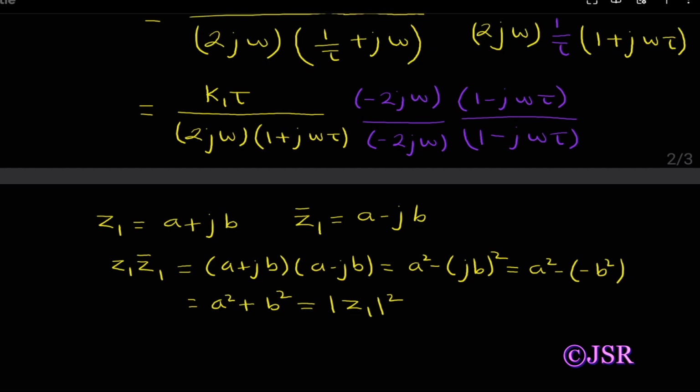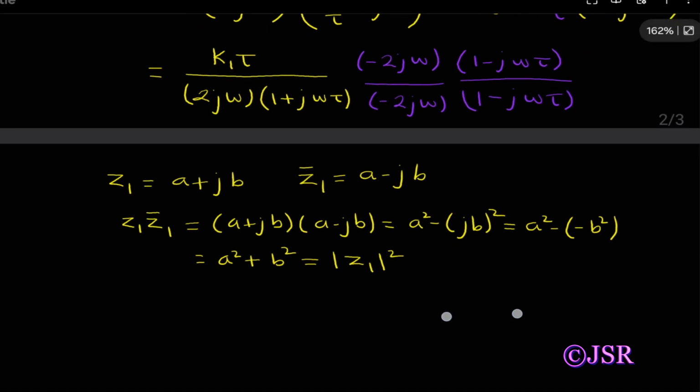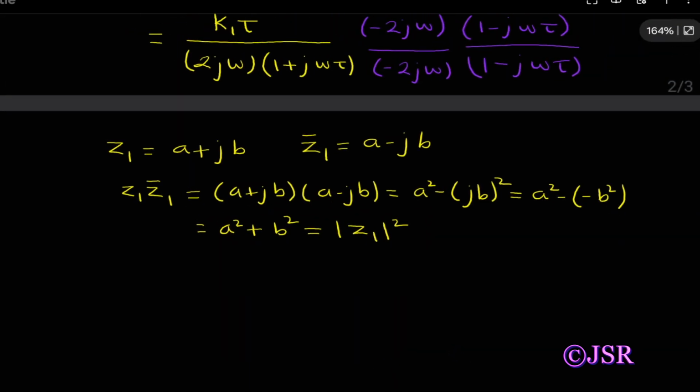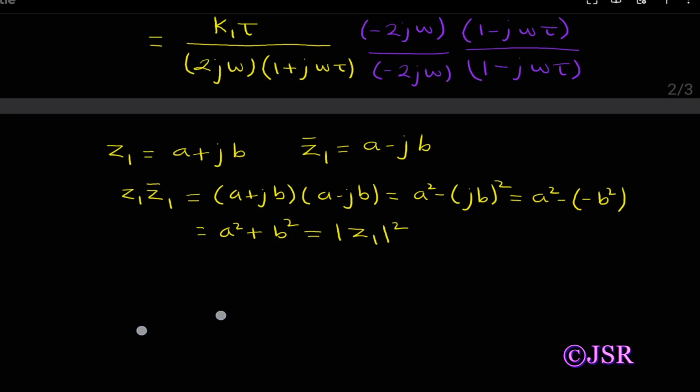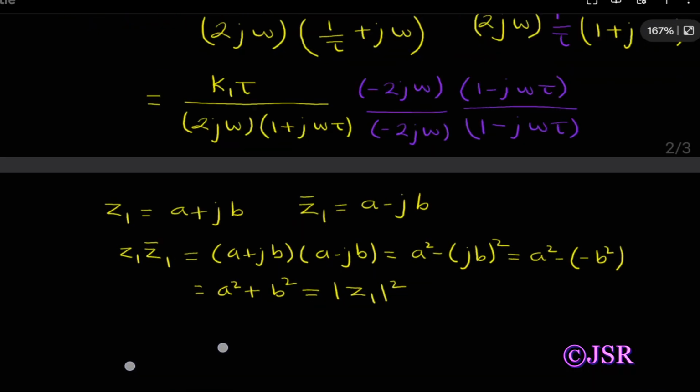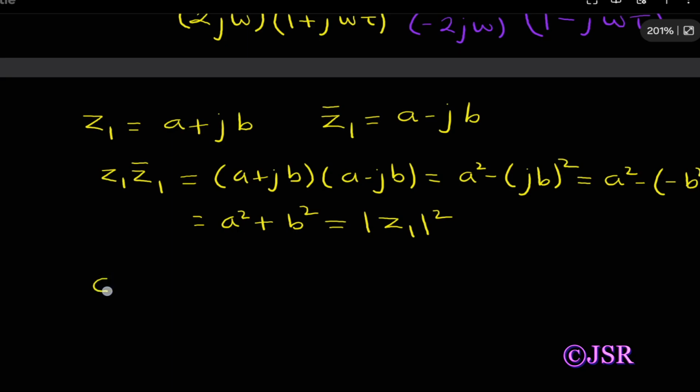Since we are multiplying the denominator term by its conjugate, in the denominator we will have the magnitude square.